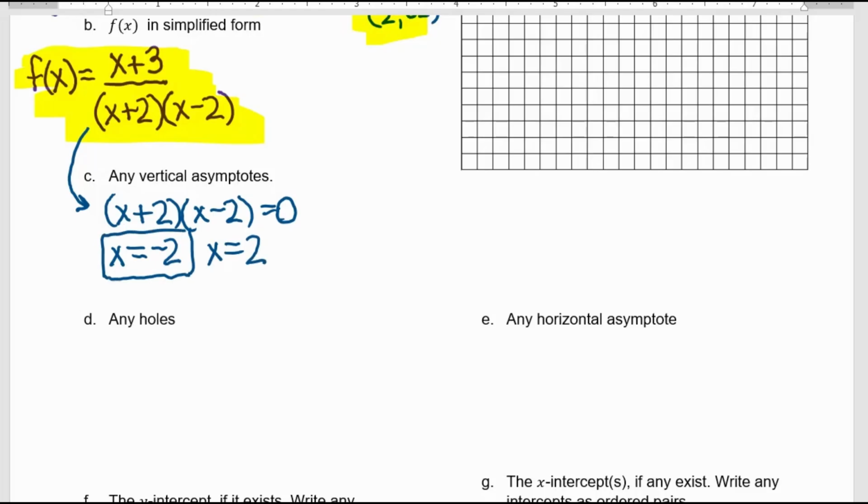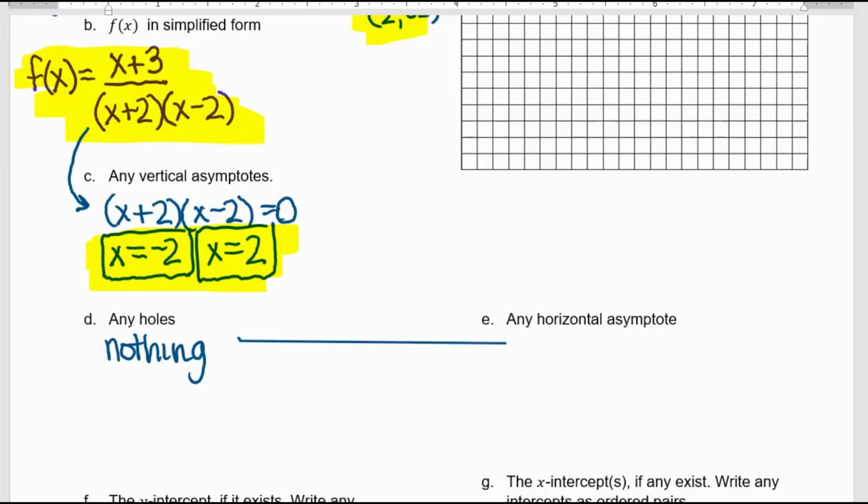These are both vertical asymptotes. And remember, holes only happen if anything canceled. Because nothing canceled, that means that we have no holes.